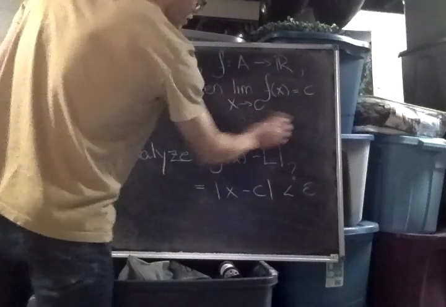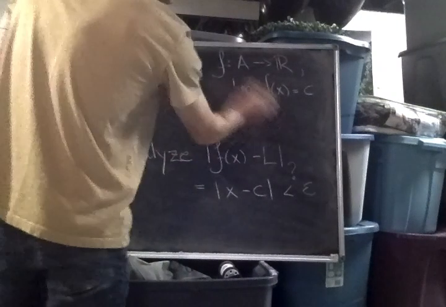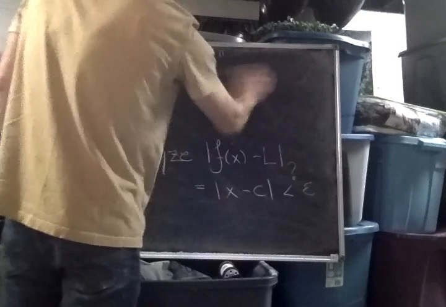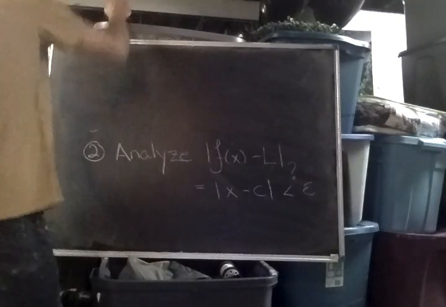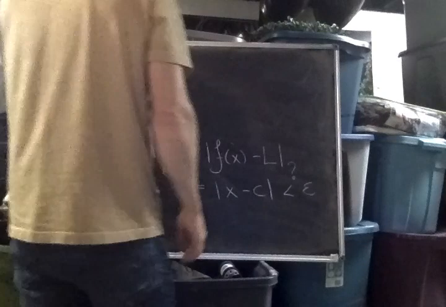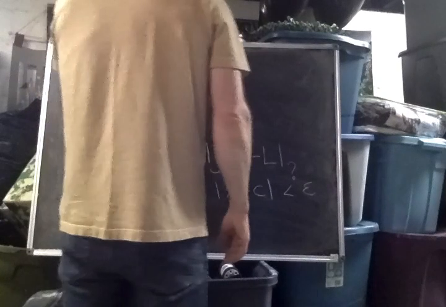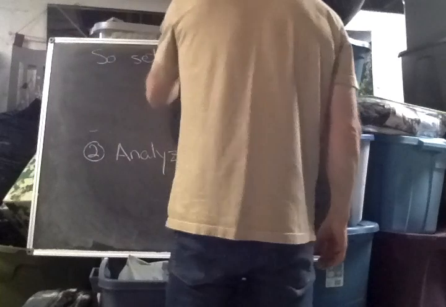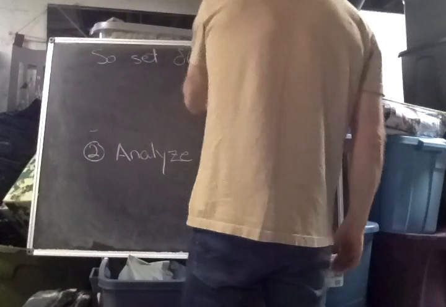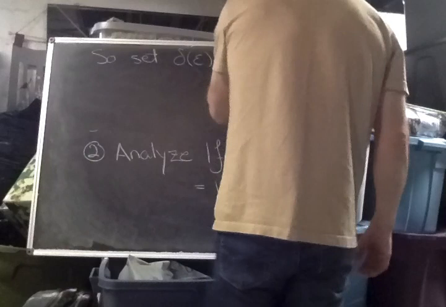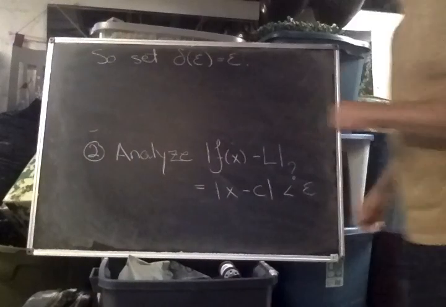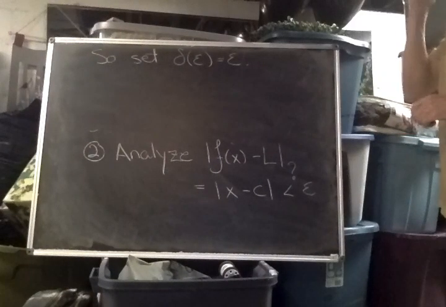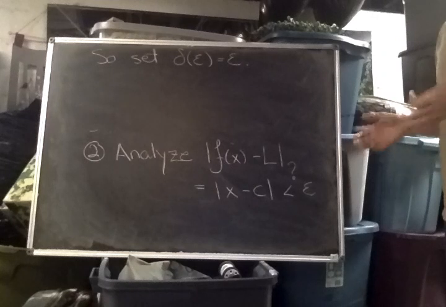Let me not quite erase everything to try to have some continuity here. Okay, so let's set delta of epsilon equal to epsilon. And again, that's the end of step 2.